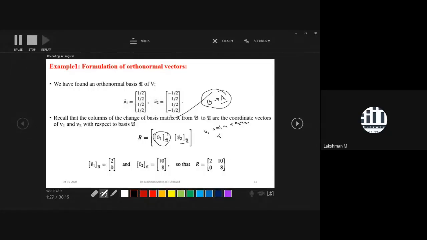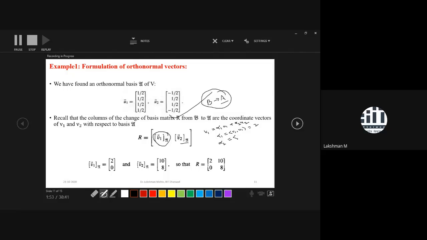So just using the concept of dot product, easily you can get alpha 1. What would be your alpha 1? Alpha 1 would be just the dot product of V1 with U1. If you perform the dot product of V1 with U1, you will get 2. Similarly, how can you find alpha 2?